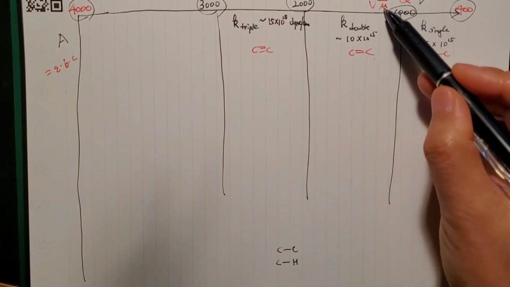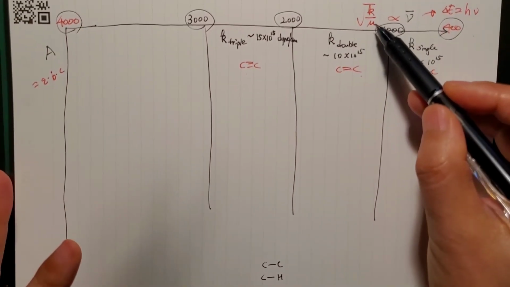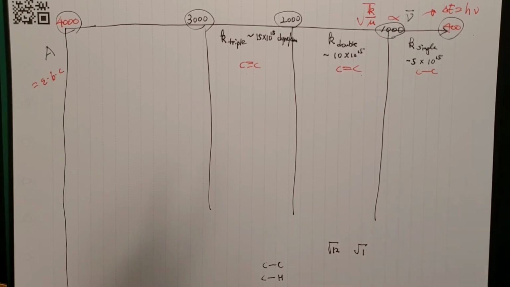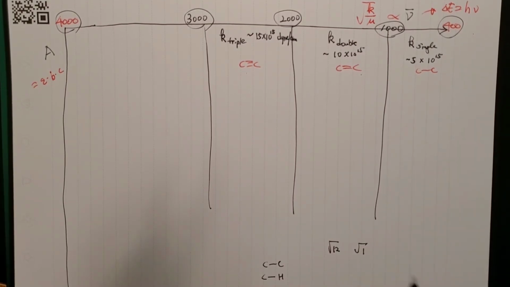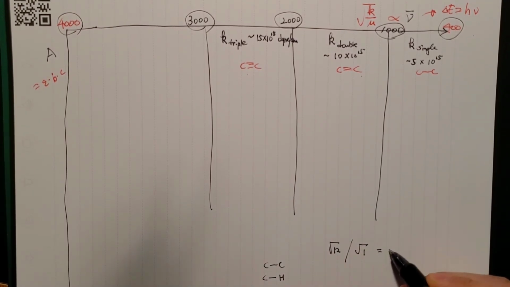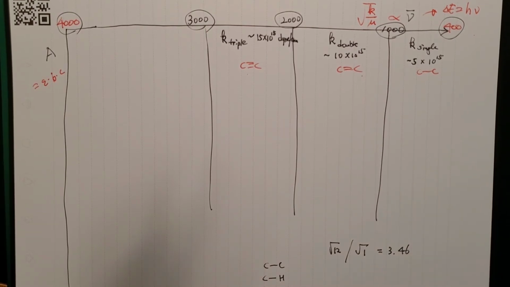So the reduced mass, simply speaking, if you compare root 12 versus root 1, the ratio is how much? The ratio is about 3.46-ish. So more than 3 times, almost 3.5-ish.